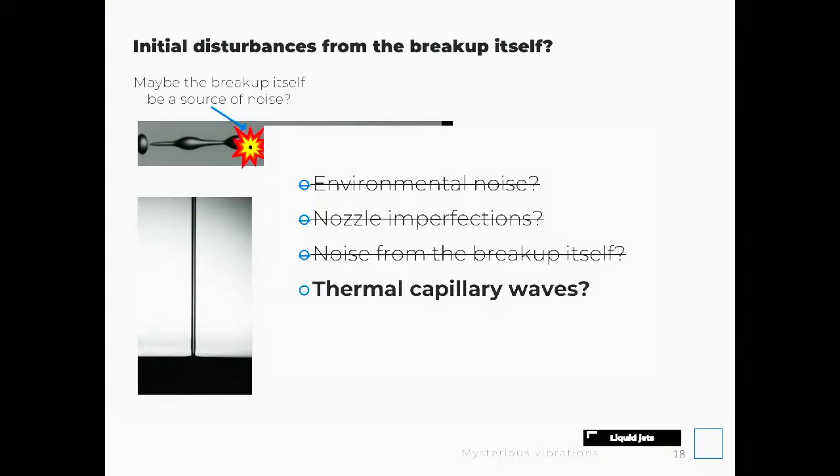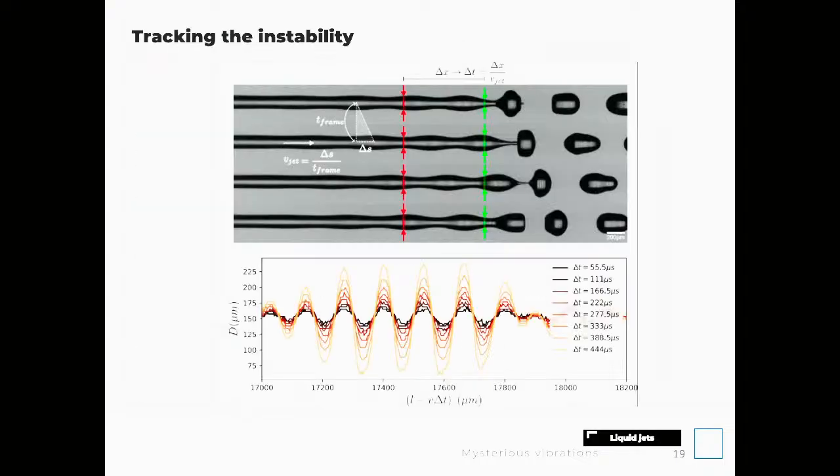And so the only thing we were left with, or our only hypothesis that we were left with, was thermal capillary waves. And so we tracked the instability. Yeah, you can look at how the instability grows with the distance from the orifice, just by looking at different distances from the orifice.